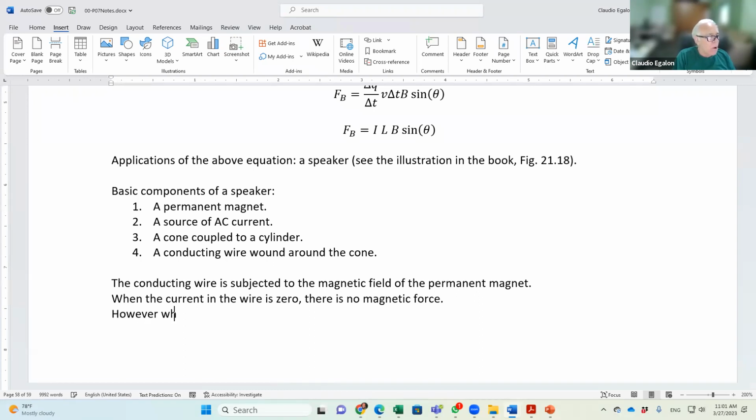However, when we turn the current on in one direction, a magnetic force is applied to the wire.